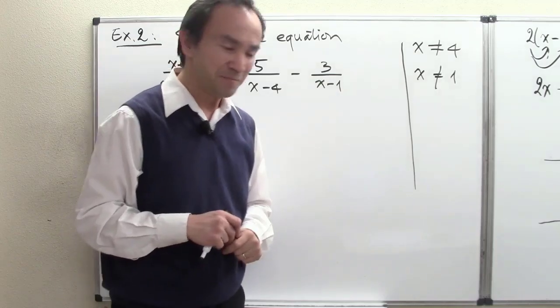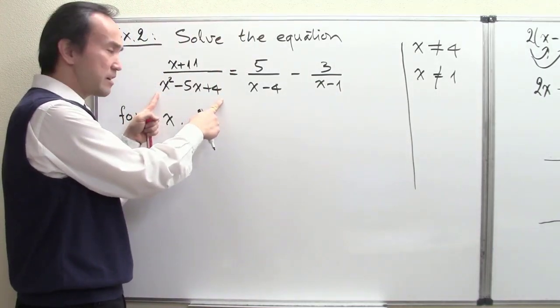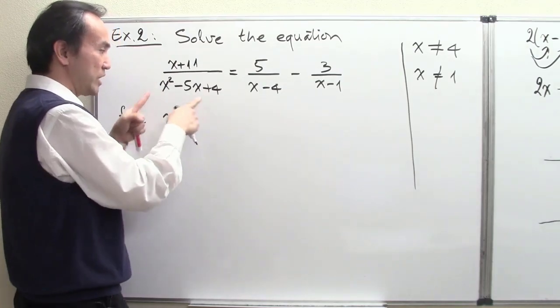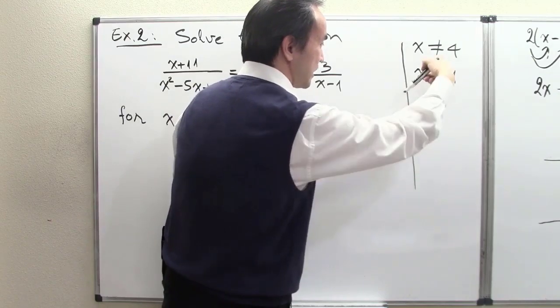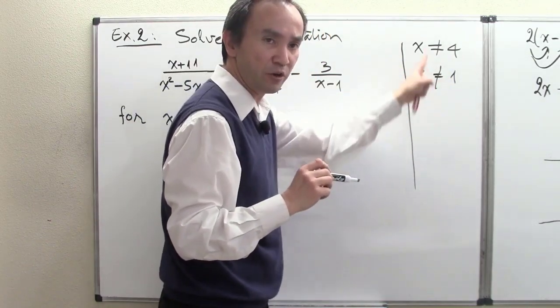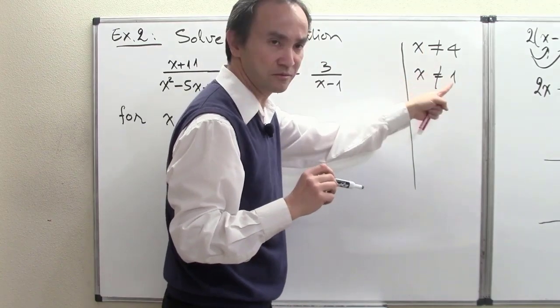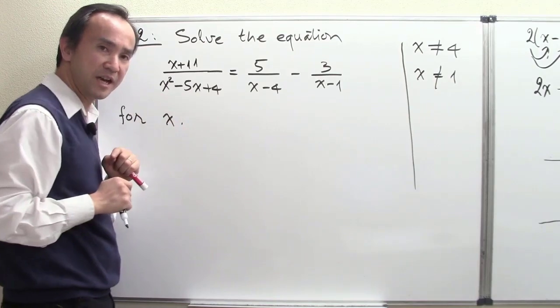This denominator equals 0 when x equals 4 and also x equals 1, so these two that we have already noted and excluded also satisfy this denominator being non-zero.